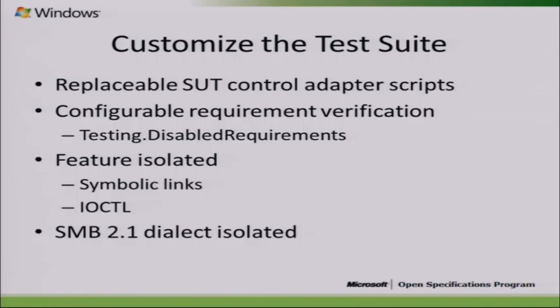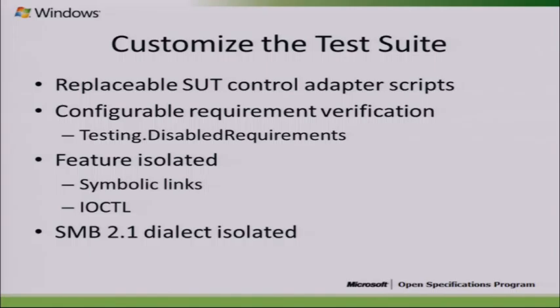The SMB2 test suite also supports isolating some features you don't want to test. For example, if your implementation does not support symbolic links, you can just drop those test cases and not execute them. Another example is I/O control codes.